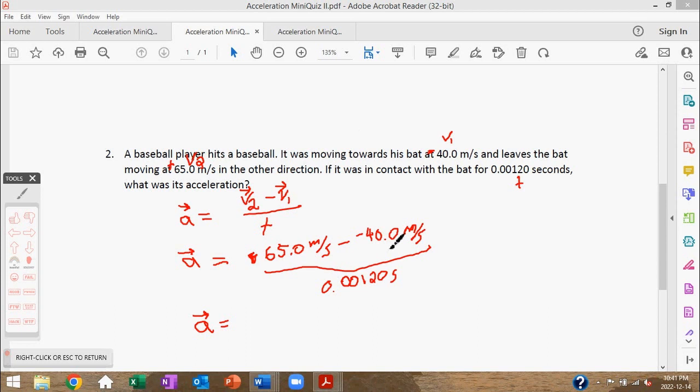And if this were the case, this ball is undergoing some serious acceleration, but only for obviously a very brief amount of time. 8.75 times 10 to the 4th meters per second squared. Notice that that is positive. So what direction is that acceleration? The direction of that acceleration is away from the plate, which also should make sense.